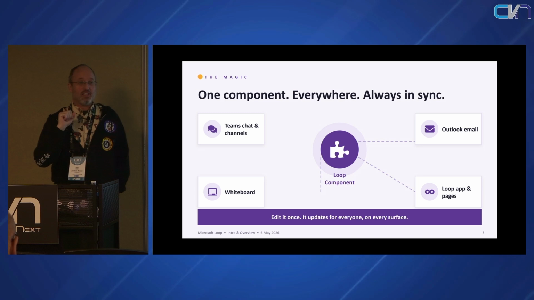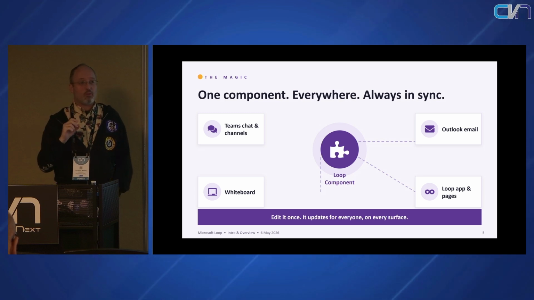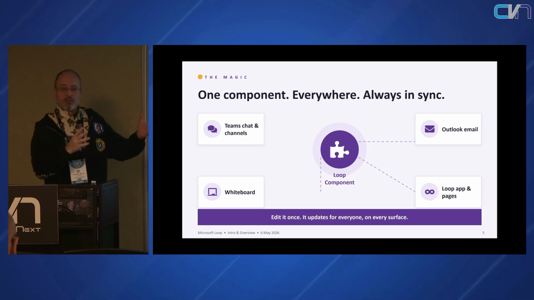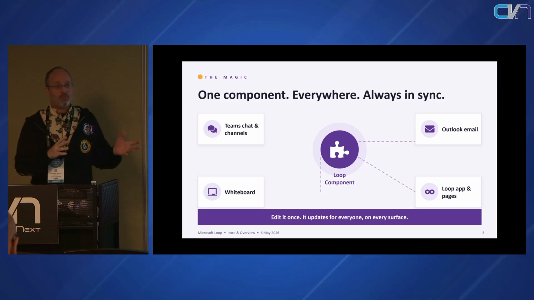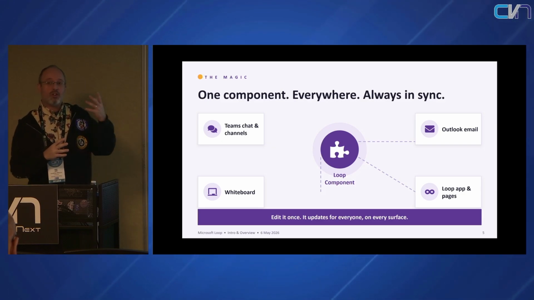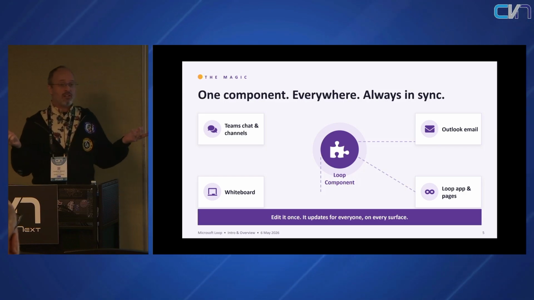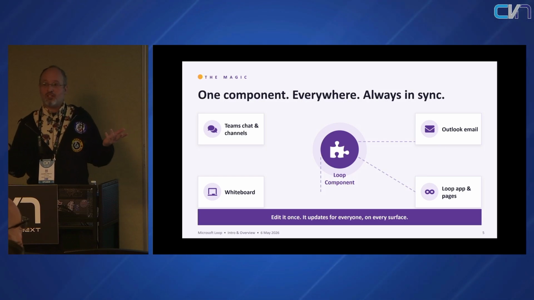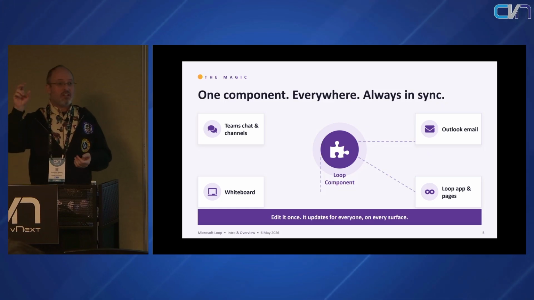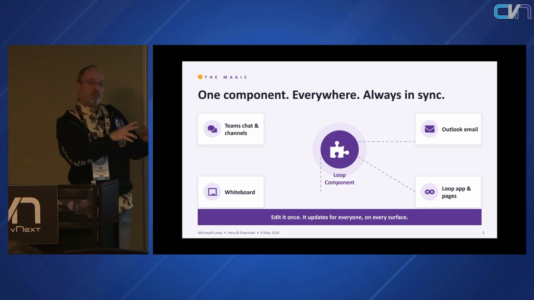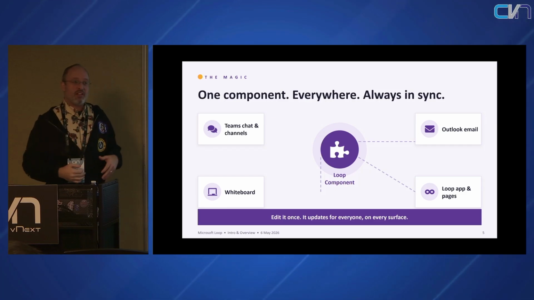You can paste the link there, and it puts a component right there in OneNote. Maybe your whole project has been built in Loop. You go to your Loop workspace, you paste the link there. Maybe your director or vice president or something wants to understand the decision.